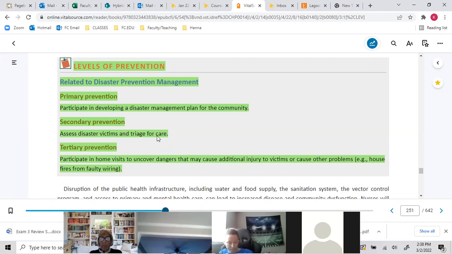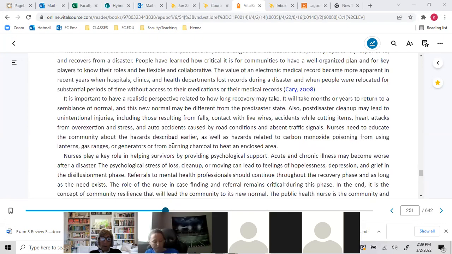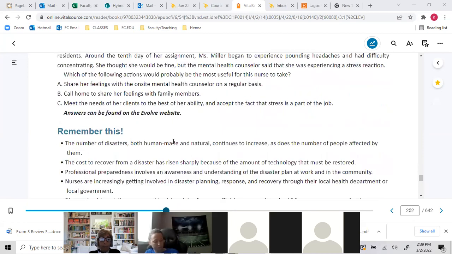So we may be asked to visit homes to assess for any potential further problems. House fires from faulty wiring. That's the example they give here, right? The disaster's already happened, but we may be participating in further assessment to prevent further damage. Does that make sense? Okay.